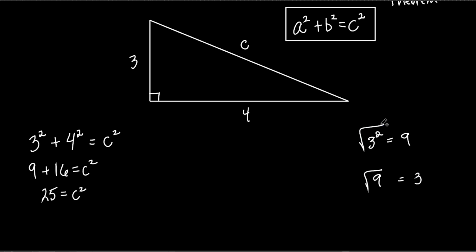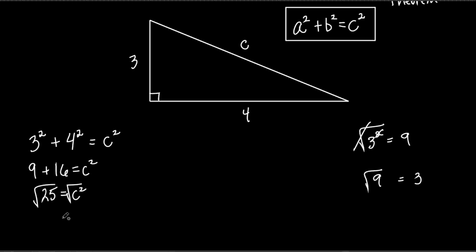So look at this. If I took the square root of a square, basically what happens to the square root and the square? They just cancel out, right? So the square root of 9 is 3. Make sense? So let's look at this. How do I get that c by itself? I take the square root of it. Now in algebra, if I do something to one side, I've got to do it to the other side. So if I take the square root of this side, I have to take the square root of this side.